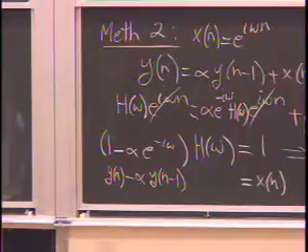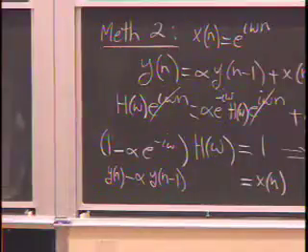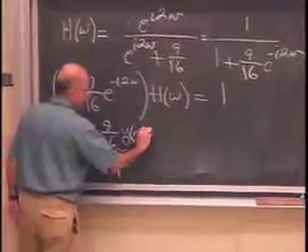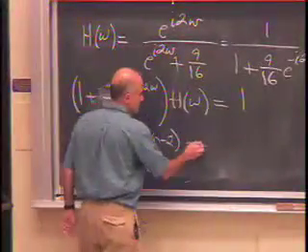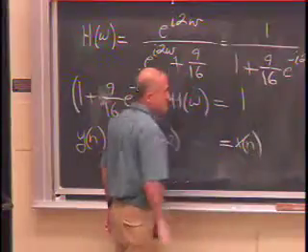Plus, this is actually magnitude alpha squared, so it's 9 over 16. This is plus magnitude alpha squared times y of n minus 2 equals x of n. That's your equation.